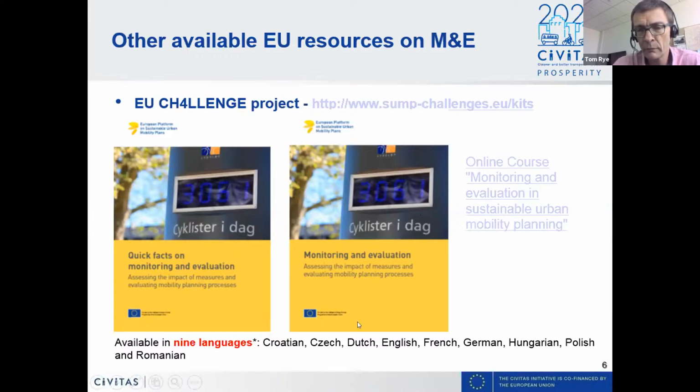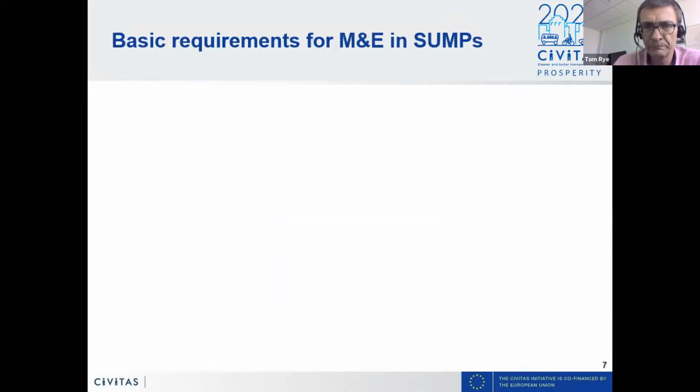And from my reading of this document, I would say it is particularly suitable for cities who have some experience already of SUMP, maybe are into their second round of SUMP, and who have a lot of resources available for gathering data, because it goes into quite some detail. And that detail, if you're just starting out, or if you're a smaller city, then it might be a little bit overwhelming. So the purpose of my webinar today is just to show, well, maybe there's a slightly simpler way that we can go about this, but still one that's reasonably robust.